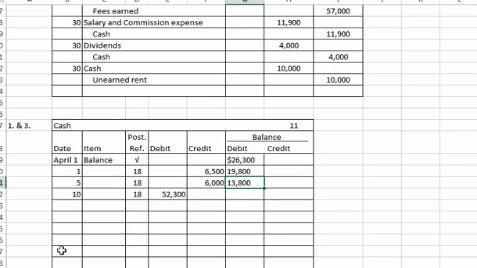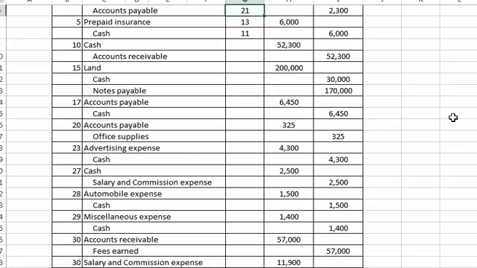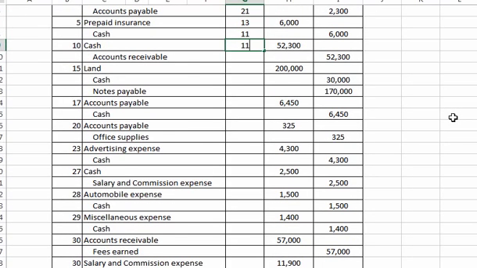Okay, now we have a debit balance and a debit entry. So we're going to add those two together. It's 13,800 plus 52,300. Makes our new debit balance 66,100. Cash is account number 11. So we come back and put in 11 in the posting reference column of the journal.